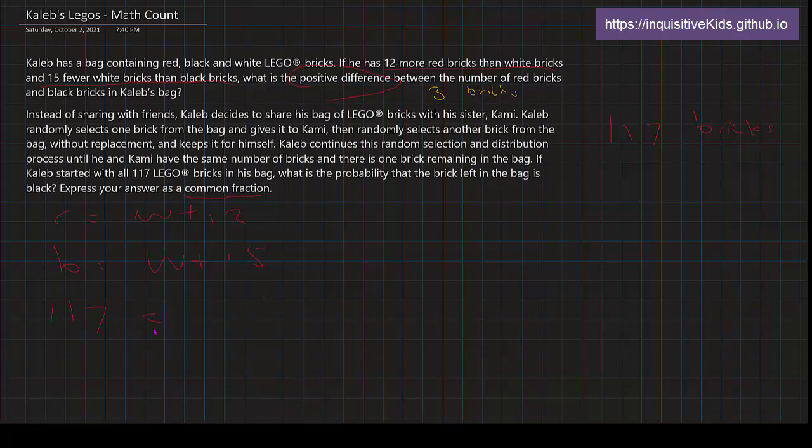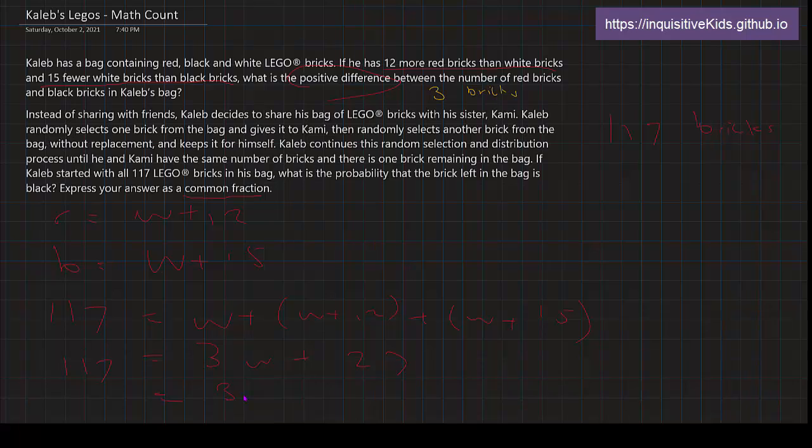So 117 is equal to W plus W plus 12 plus W plus 15. Now we simplify. This becomes 3W plus 27. We can subtract 27 on both sides.